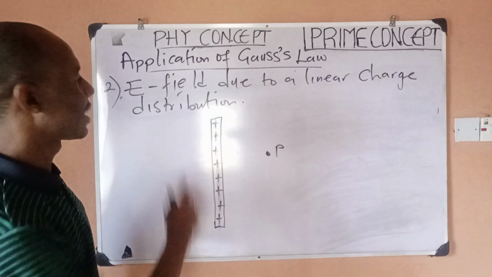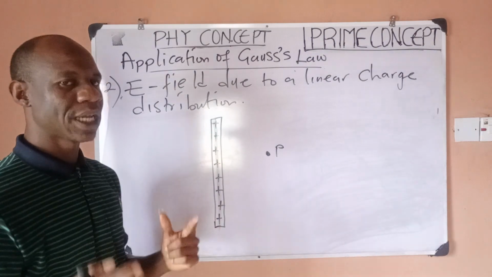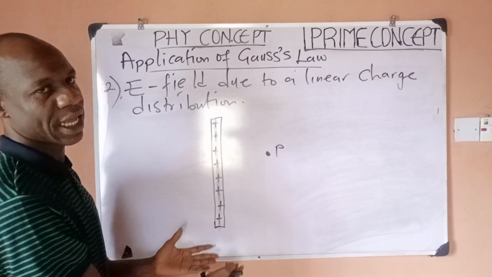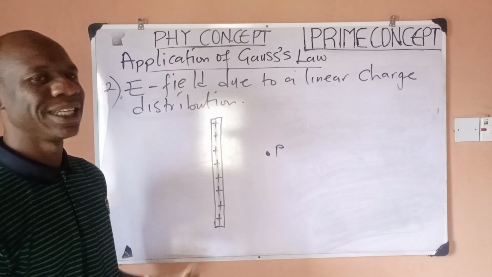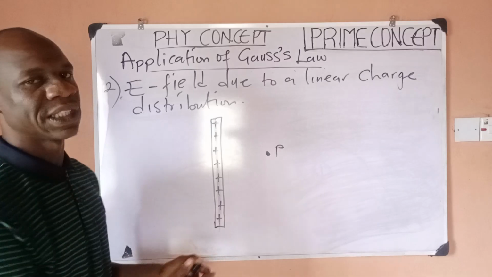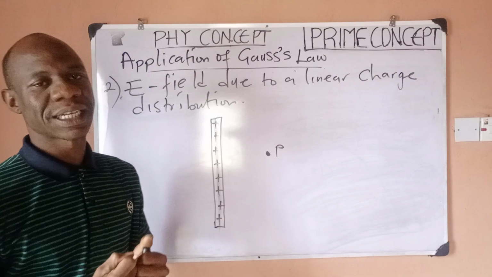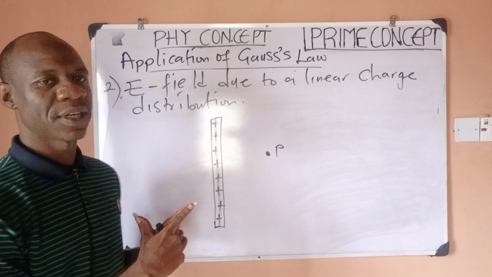Now, if we want to use Gauss law to do this, according to Gauss, you need to enclose the charge. So I'm going to enclose this charge. And a perfect way to enclose this charge is to use a cylindrical surface this time, not a spherical surface.